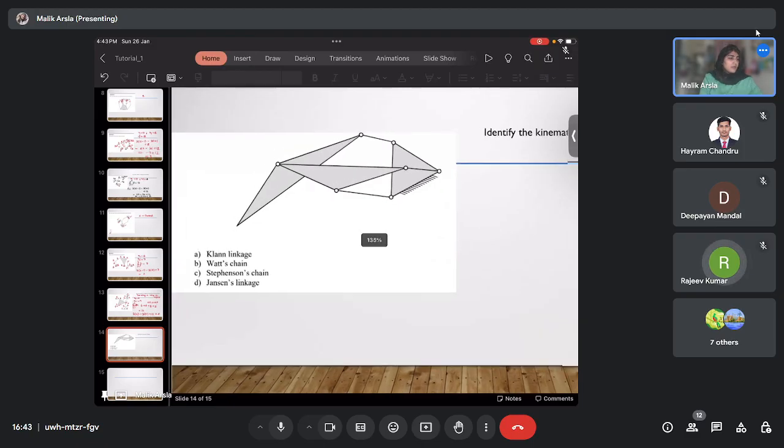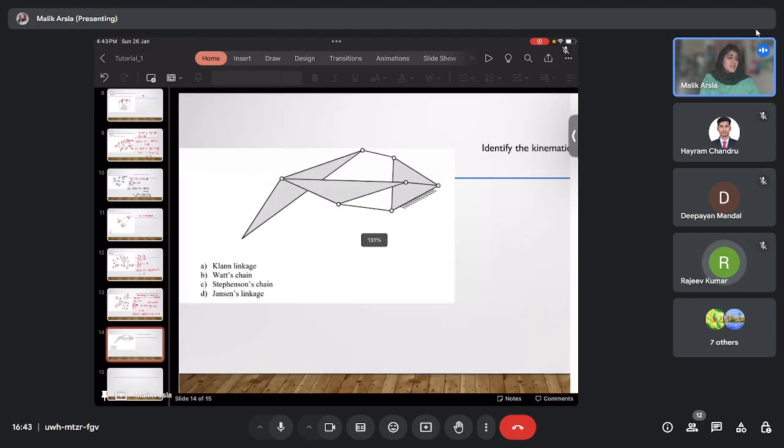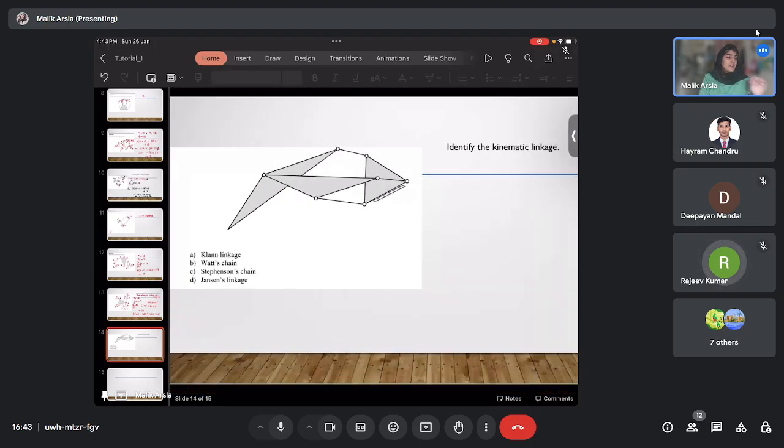Okay, maybe I have a weak internet, so let me zoom it. Identify the kinematic linkage. Does anyone know? This has been taught in lectures, so if you go there directly, you will be able to see it.